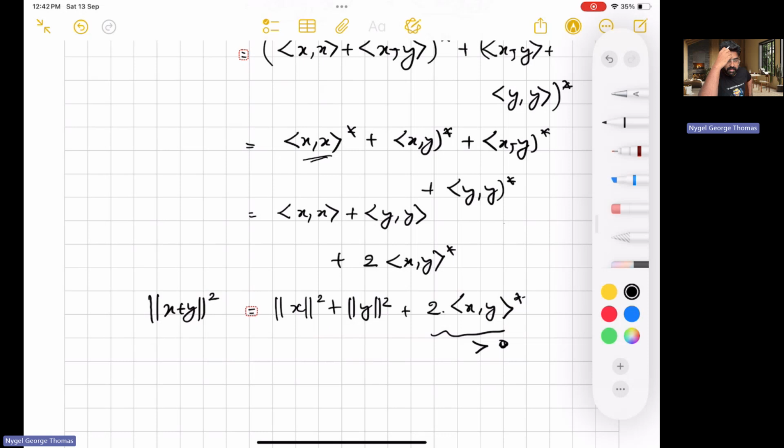How do you prove that this is greater than 0? For the same vector, we know that it's greater than 0 and it's on the real line. So there it's fine. But if it's x and y, two different vectors, how do you prove it's greater than 0? I'm not really sure. Okay, how do we prove this?